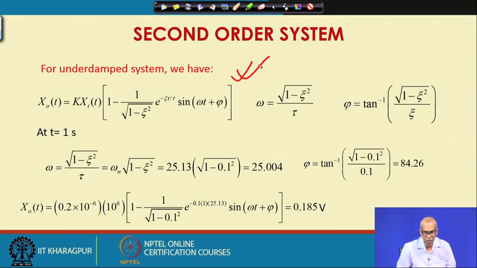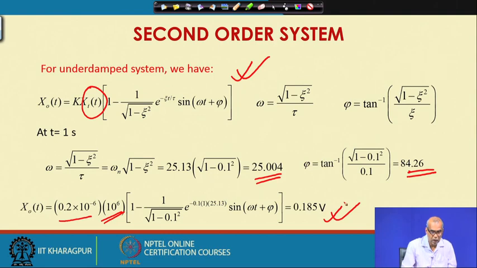I put all the values with input as 10 to the power 6 pascals, K is given, all other terms are now known. So, the output at 1 second can be computed directly from the expression as 0.185 volt.